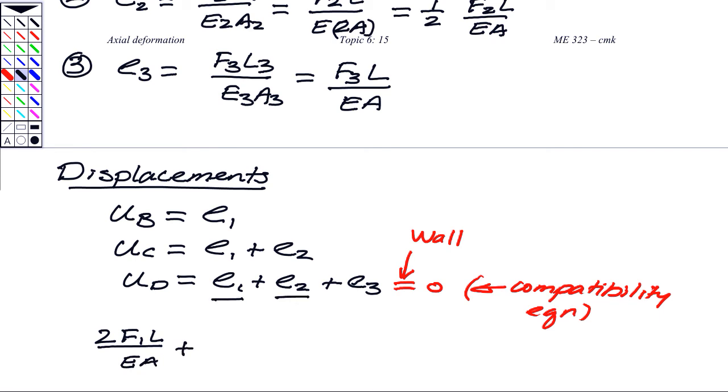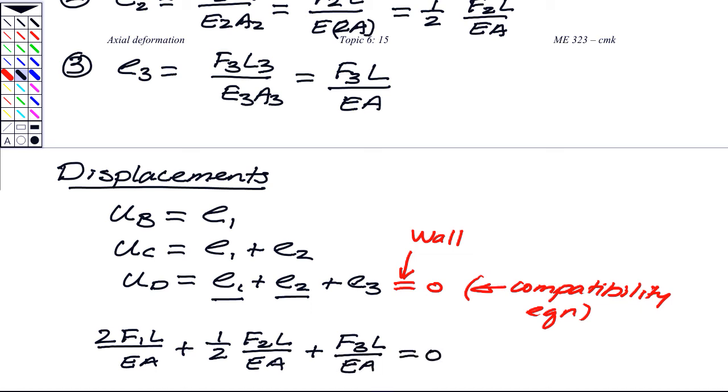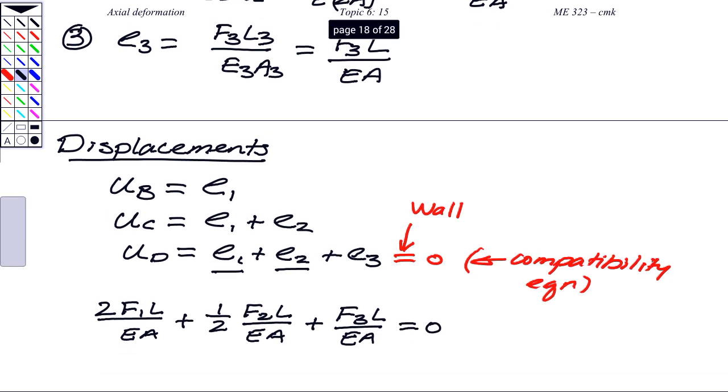E2, the elongation equation, was 1/2 F2L divided by EA. And lastly, the elongation equation for element 3 was F3L divided by EA. So this is a combination of our elongation equations and our displacement equations.